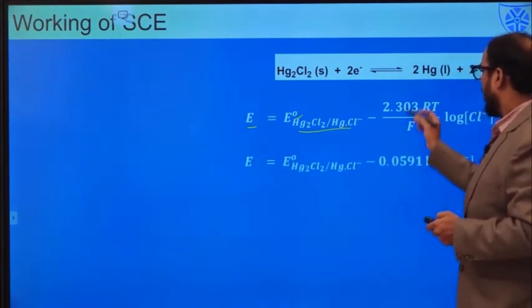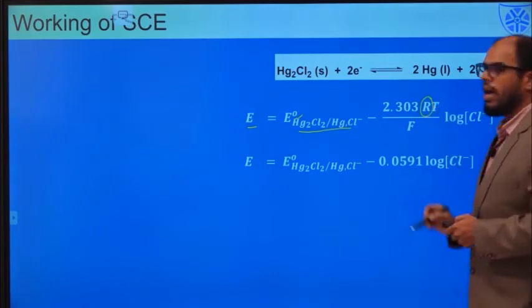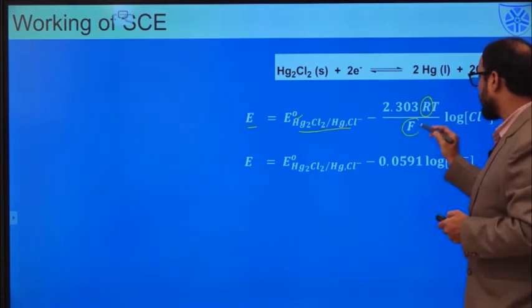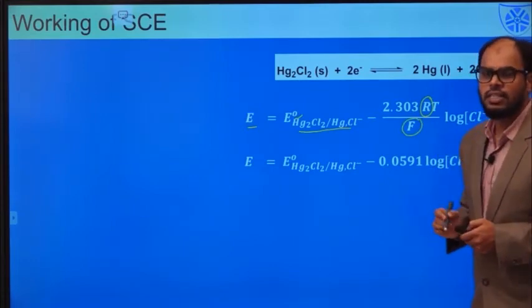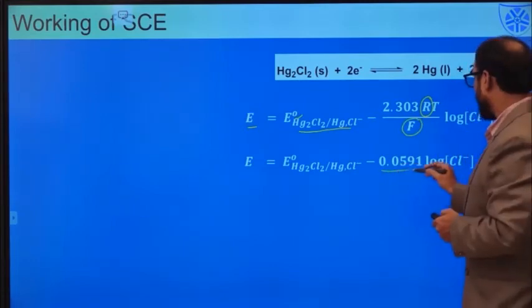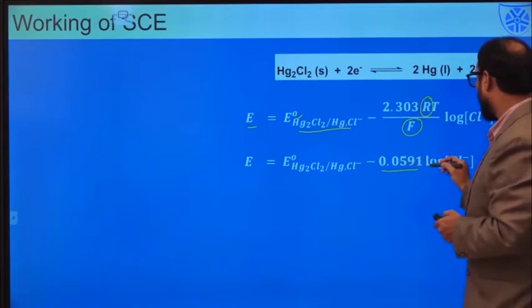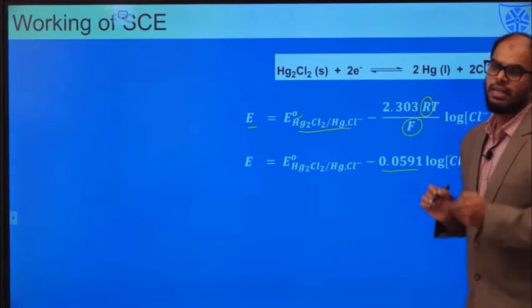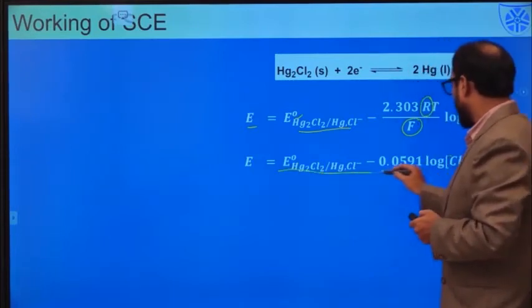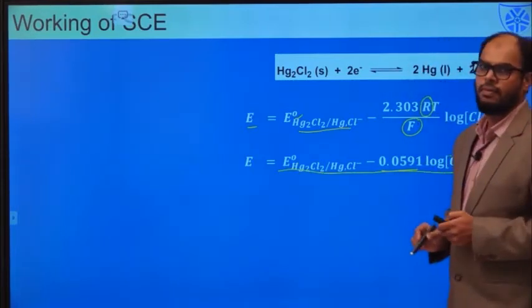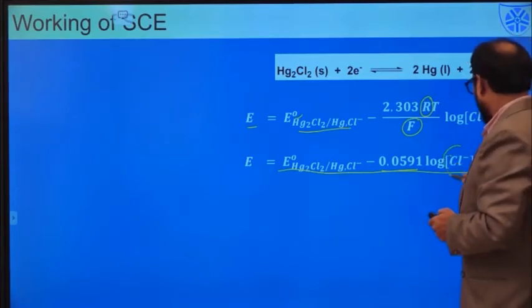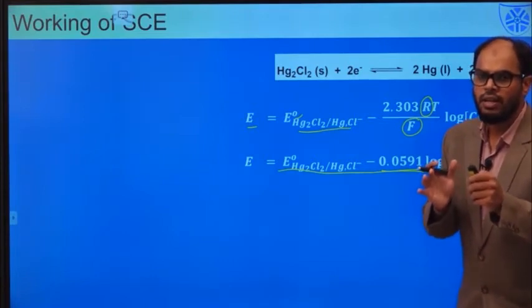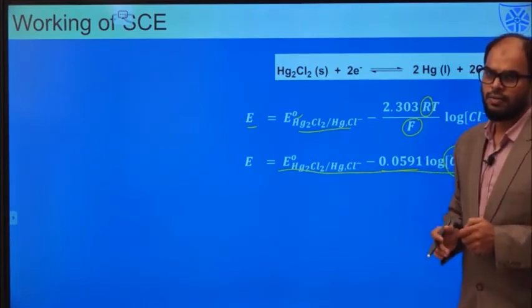On substituting the R value as 8.314, temperature 298 Kelvin and Faraday's constant value of 96500, we end up with 0.0591 log of the concentration of Cl minus. This equation tells very clearly that the concentration of chloride ions plays an important role in cell potential.